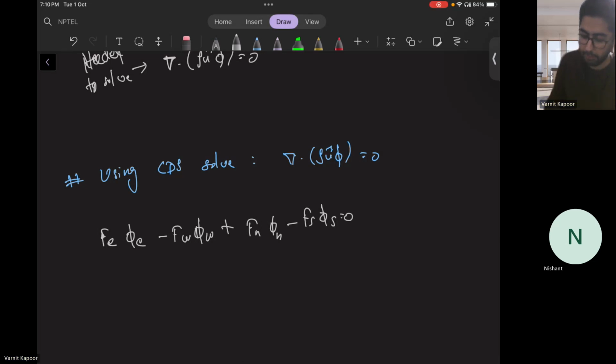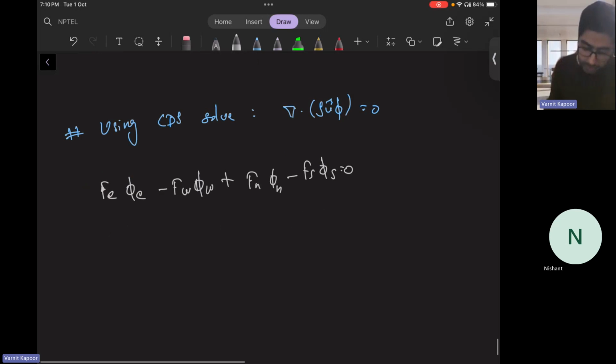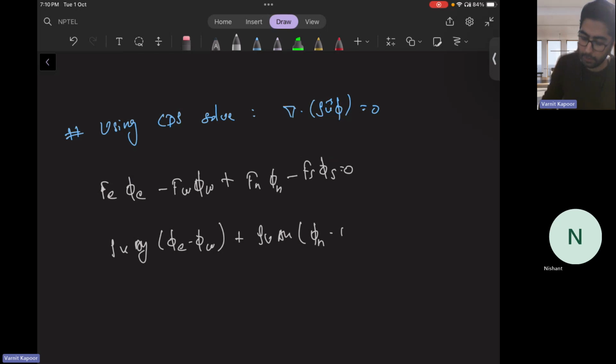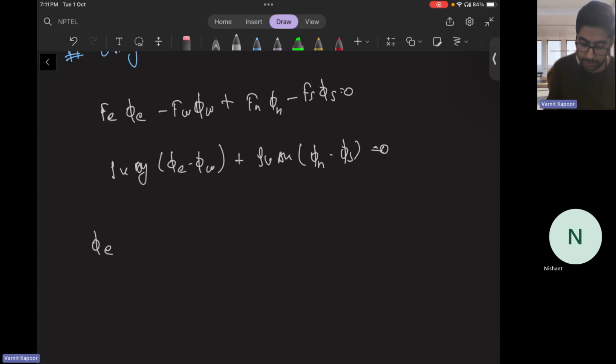Now the question arises, how will you get the phi east, phi west, phi north and all those terms? So let me rearrange and write rho u del y times phi east minus phi w, plus rho v del x times phi north minus phi s, equal to 0, because you know F is nothing but rho u del y. Now in CDS, your phi terms will be: phi east is phi e plus phi p by 2, that we have done.